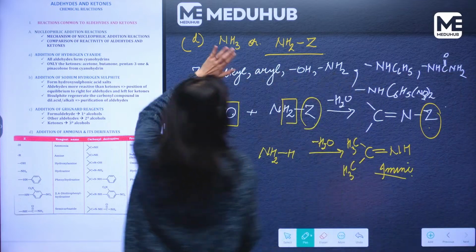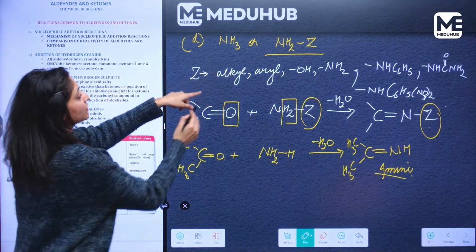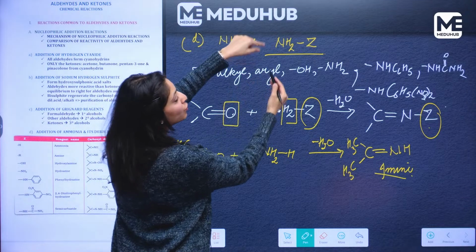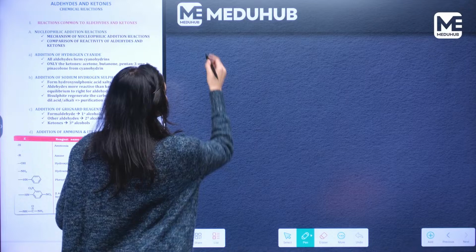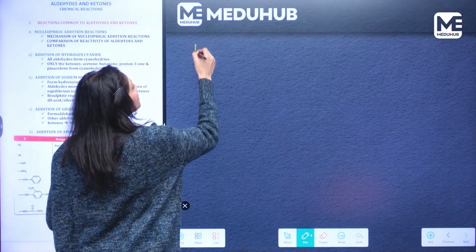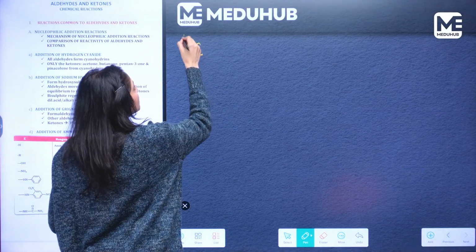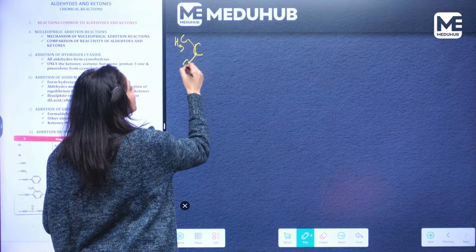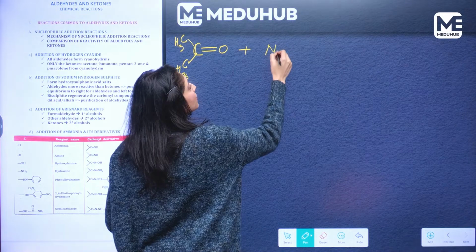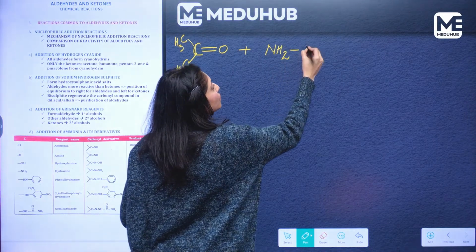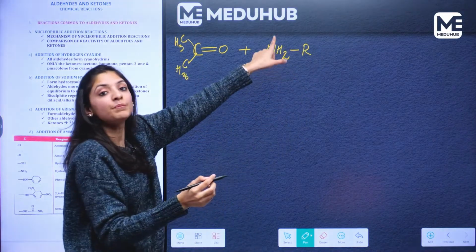Now let us see what happens if we use derivatives of ammonia. So if we have an alkyl group, aryl group, OH, NH2 and so on. We have a carbonyl compound. This reacts with NH2R. That is a primary amine.